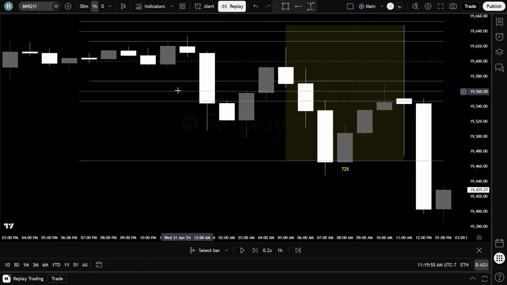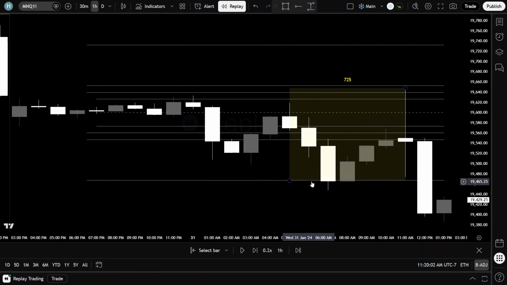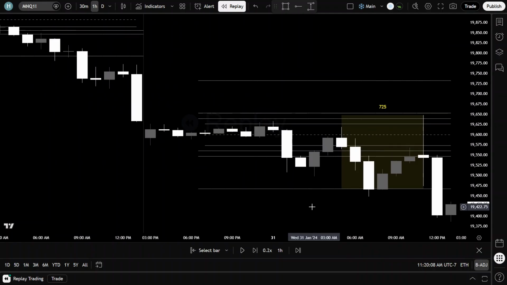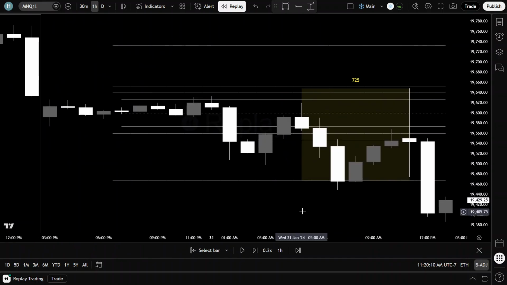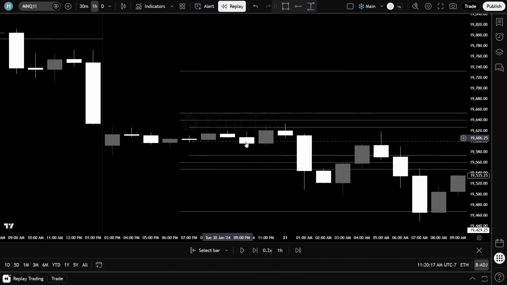We have all these manipulation levels, and also the optimal target. When these targets get hit, the market can reverse a lot of the time. And you got 1, 2, 3 trades that give you really large RRs.